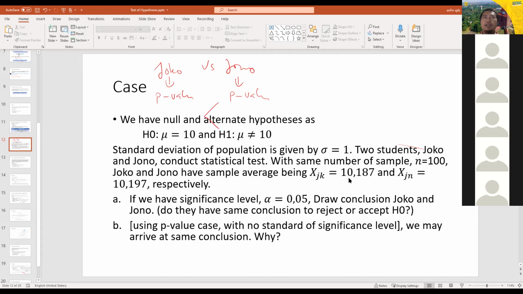Jono has the better p-value, better standard, better quality. Why? Because the p-value is equivalent to the significance level, and it is equivalent to the error. So smaller error means a better system. Is that clear?